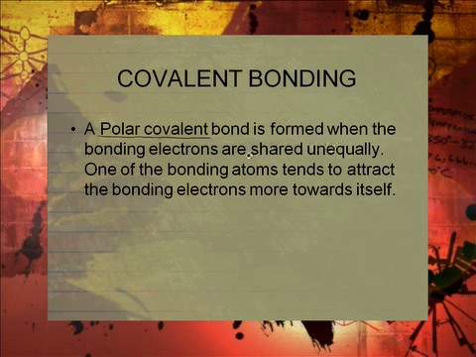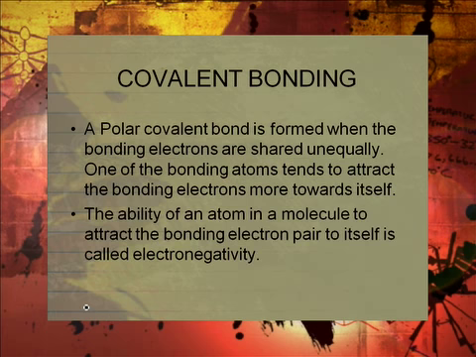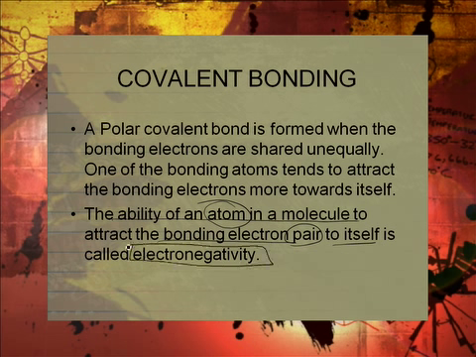Okay, now we can also have what we call polar covalent bond. This is formed when the bonding electrons are shared unequally. One of the bonding atoms tends to attract the bonding electrons more towards itself. And in this case, this ability of an atom to attract bonding electron pair towards itself is called electronegativity.